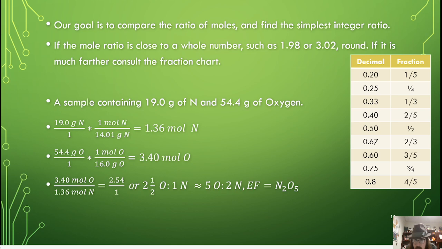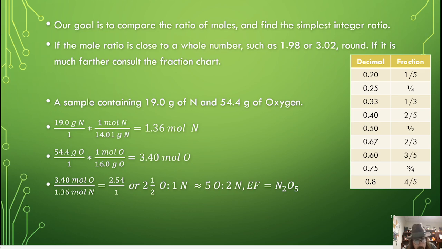So there's nothing really big. 0.54 is closer to 0.5 than it is to 0.67, and so we're going to say it's a 1 to 2.5 ratio. Now we're not allowed to have fractions, so 1 to 2.5 is the same as a 2 to 5 ratio.